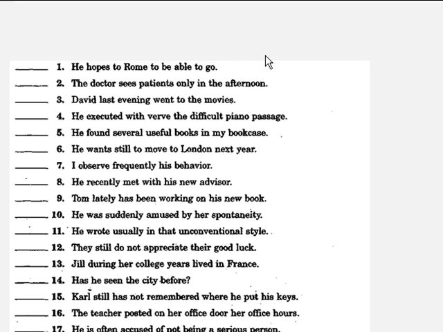Well, I think you just have to hear that and realize that's not right, but then again, in some languages it might be the proper order. But what is the proper order here? Okay, he hopes, okay, to be able, right, to go to Rome. In the wrong order, right?